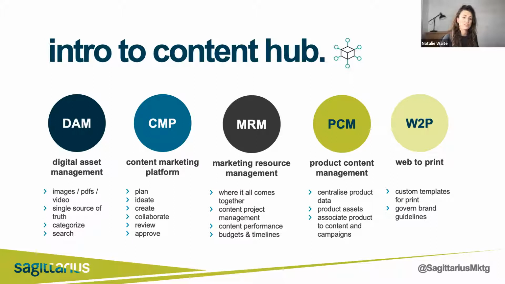You can surface the most up-to-date product data by way of that as well. And then there's web to print, which replaces what was PXM, if anybody remembers that. So essentially you can utilize templates or create custom templates and pull in lots of that content, so images, product data and so on, to create printable content items.